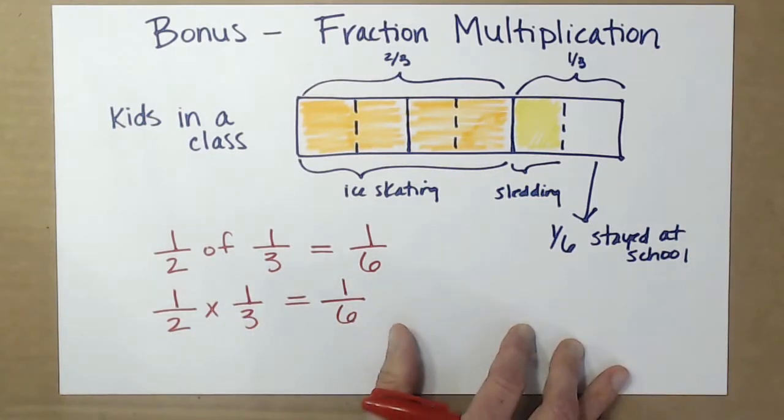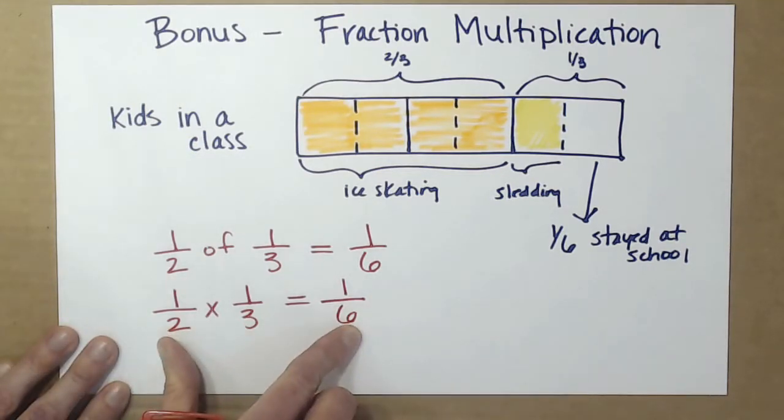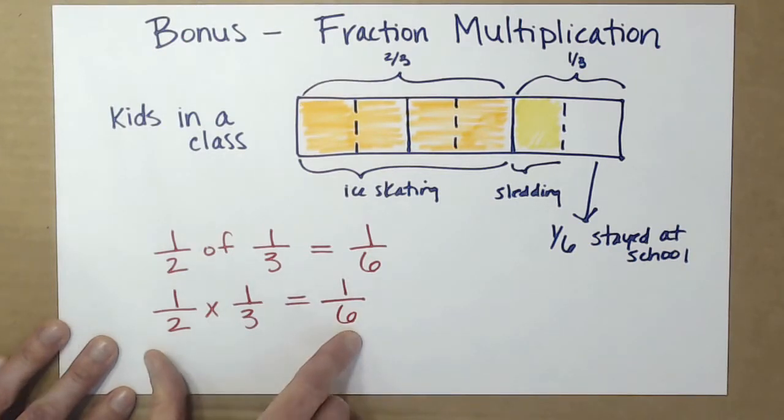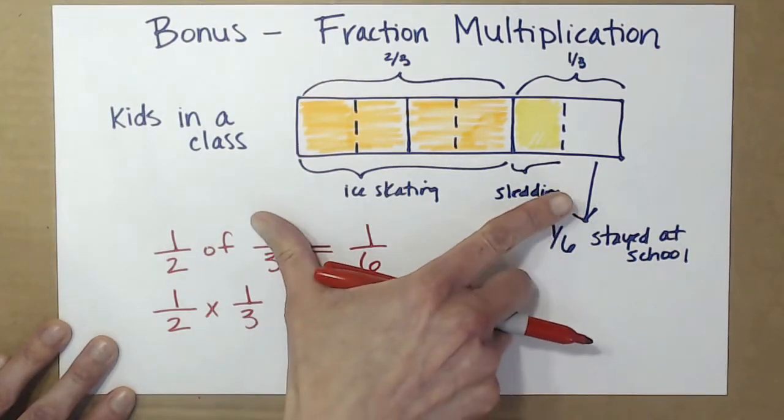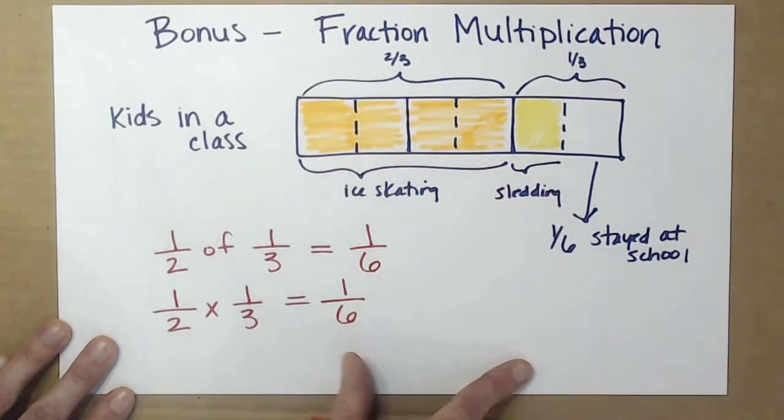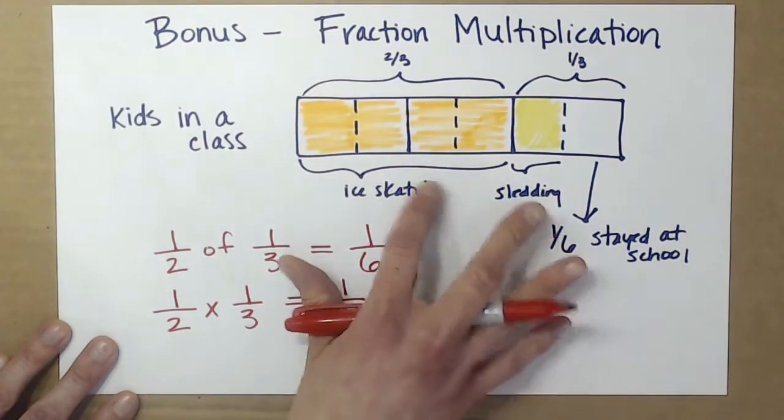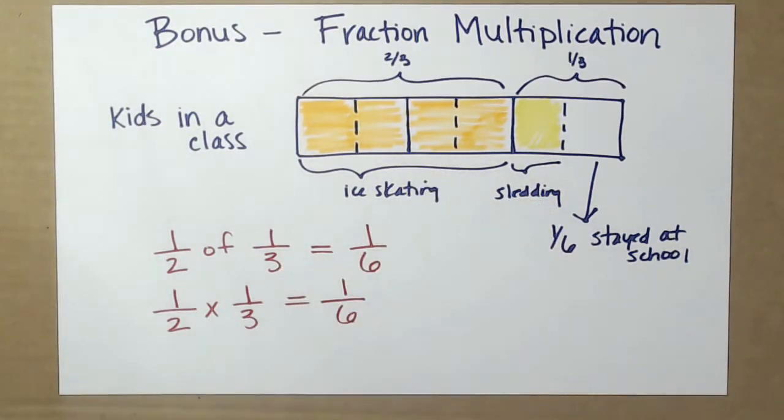We may or may not have covered that in this class, but I just want to show you that the rules for multiplication are going to give you the same answer. The rules for fraction multiplication will give you the same answer as drawing a bar model to figure out fraction multiplication. Bar models are a really good way to visualize fraction multiplication. All right, that's it. Work on your last problem, and we'll go over it in class.